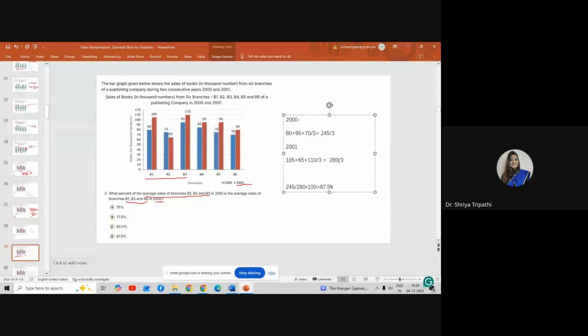So 280 divided by 3. Now here the denominator will cancel out. So we have 245 divided by 280, and it has asked what is the percent, so that is why we multiply by 100. So 87.5. That is, D is my right answer.